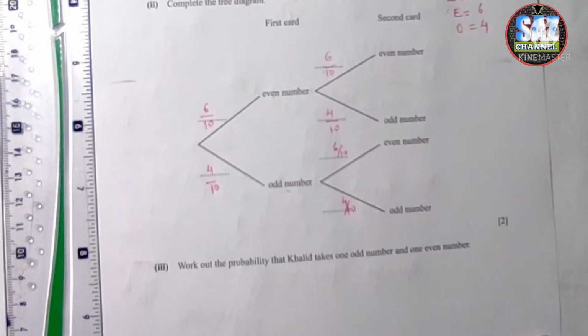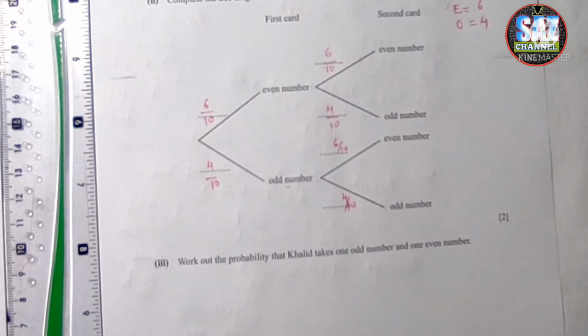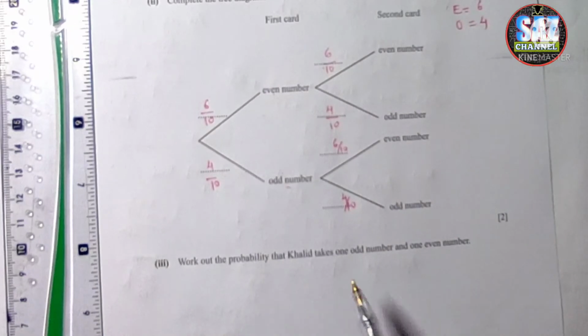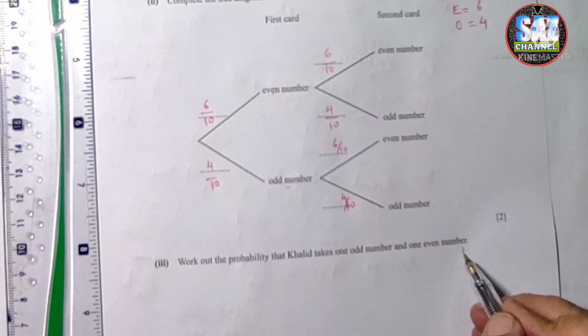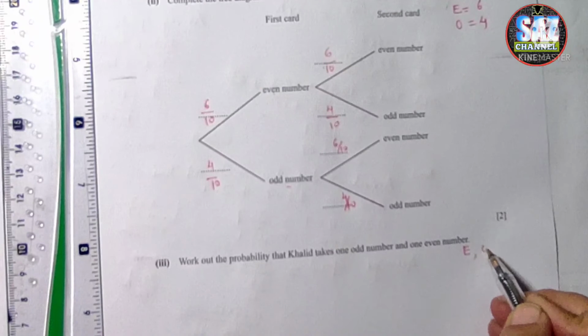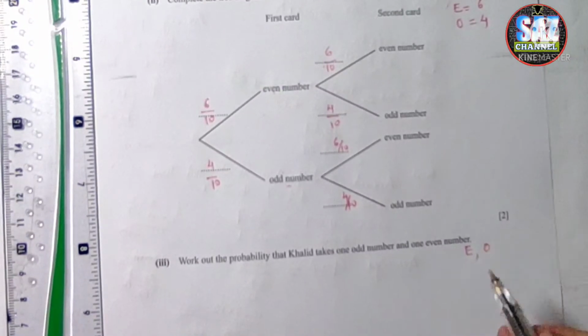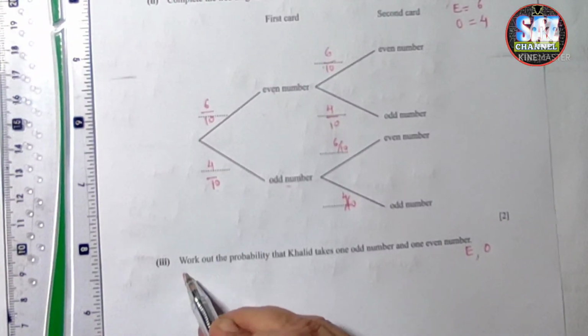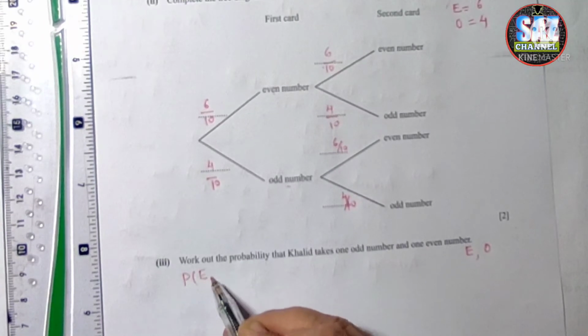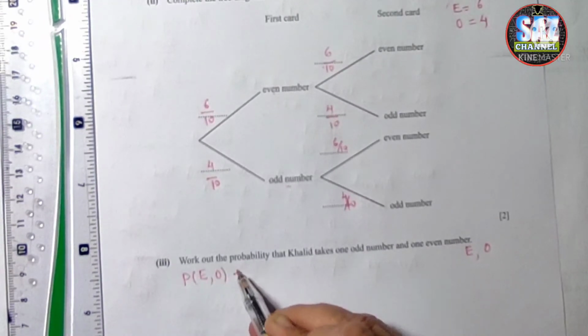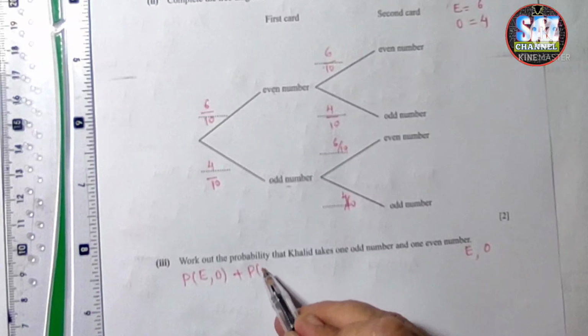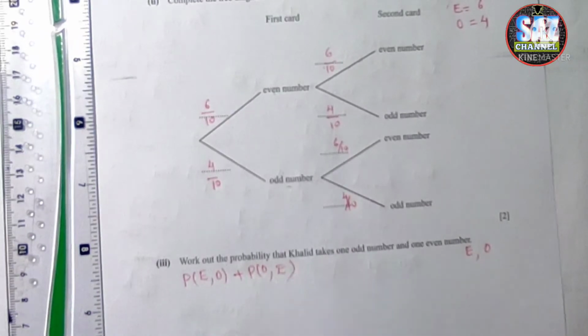And the next part says work out the probability that Khalid takes out one odd and one even number. Now look again, students, there is no restriction on whether he is picking up an even card first or an odd card first. So he can pick up an even card first and then odd, or he can pick up an odd card first and then even.